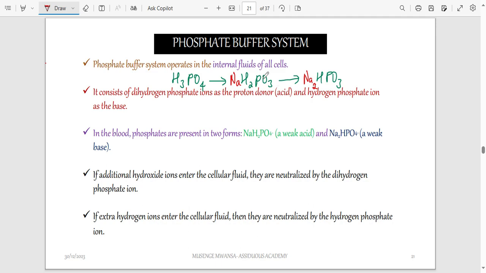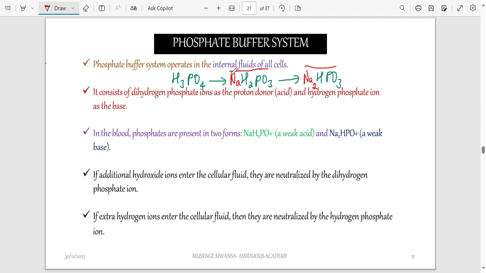So in this buffer, the acid is going to be this one. The base is going to be this one. You can see the acid has 2 hydrogens. The base has only 1 hydrogen. Okay, that's how you tell. So you have sodium dihydrogen phosphate as the acid, and disodium hydrogen phosphate as the base.